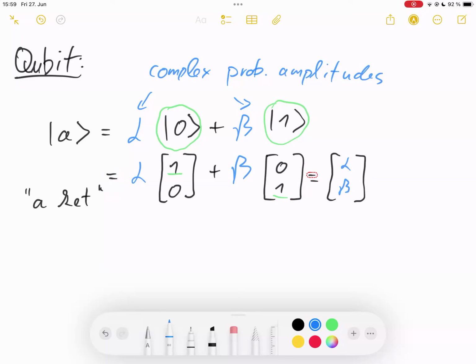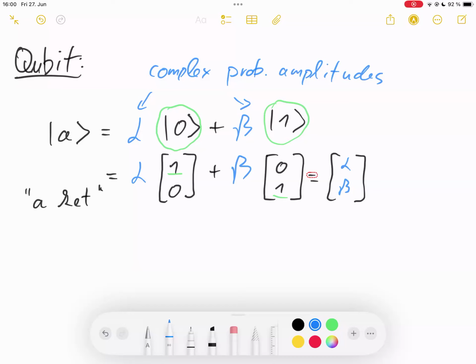Just confirm with some positive or negative reaction, but that looks okay. Now, why is this called a complex probability amplitude? The probability amplitude, simply speaking, means how much the qubit has a 0 component, and the other amplitude, how much it has a 1 component.